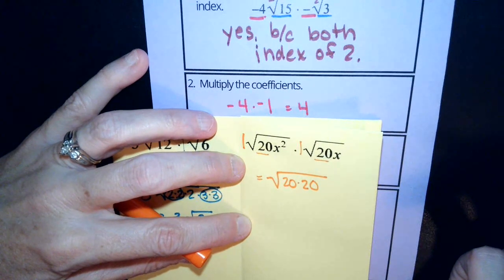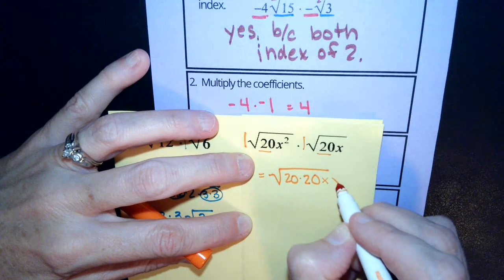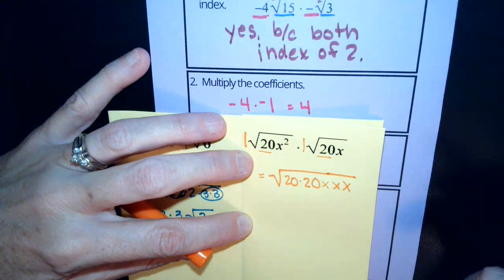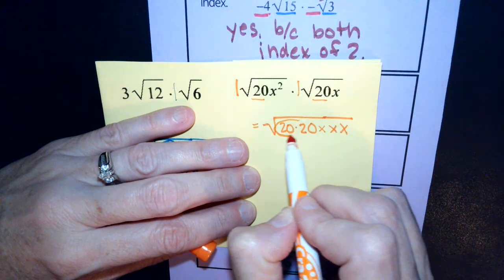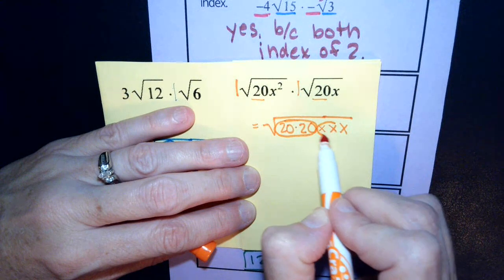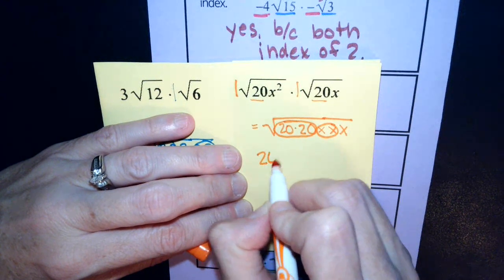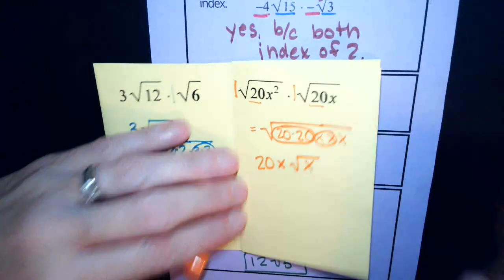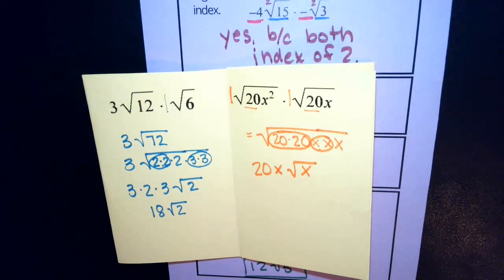So the coefficients don't really have an effect on this. Then we have x squared and then an x. So I have a total of 3 x's underneath my radical symbol. So I have a pair of 20's and a pair of x's, and then I have 1 x remaining. So I have a 20x on the outside and then an x underneath. And that's the answer. That's the simplified form.